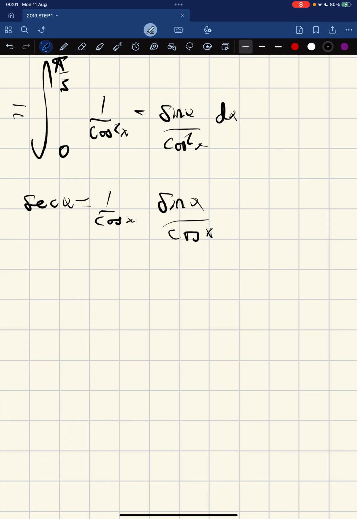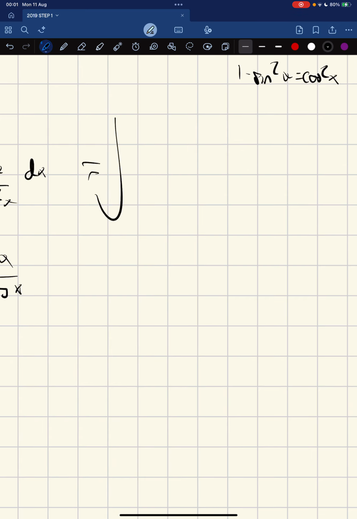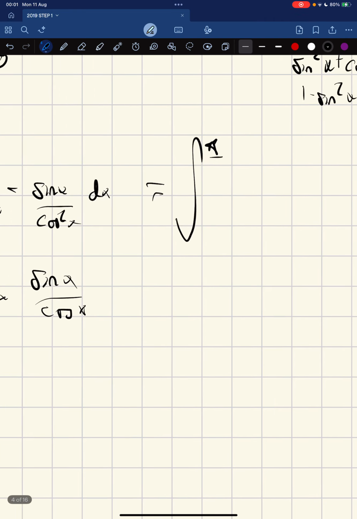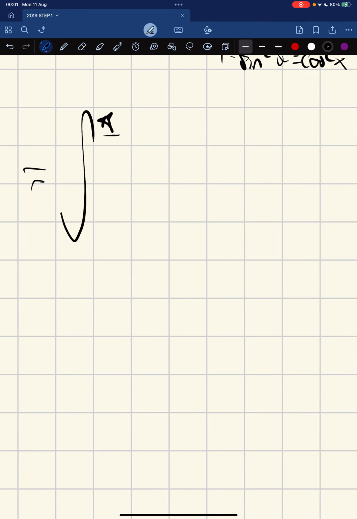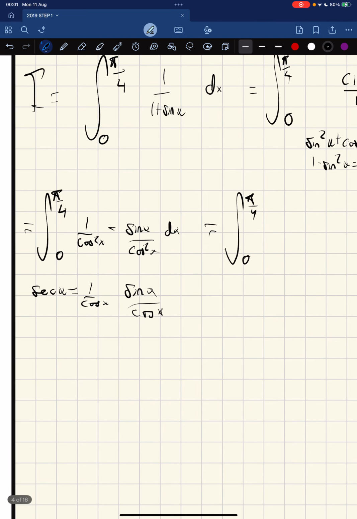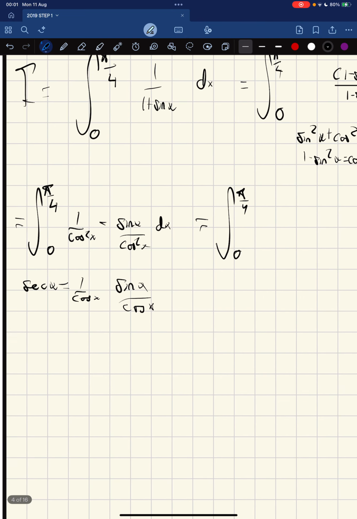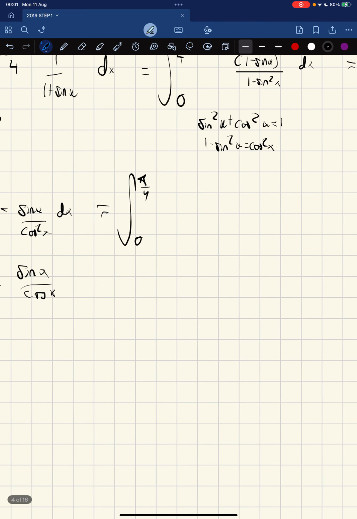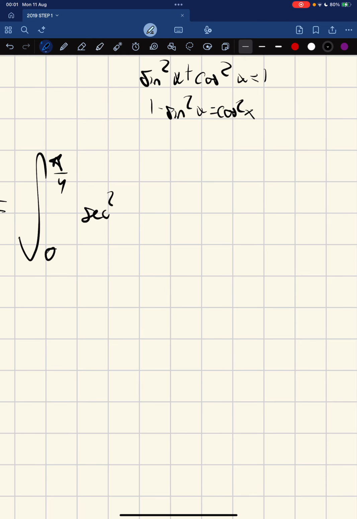So the integral is from 0 to pi over 4 of sec squared of x minus sec x tan x dx.